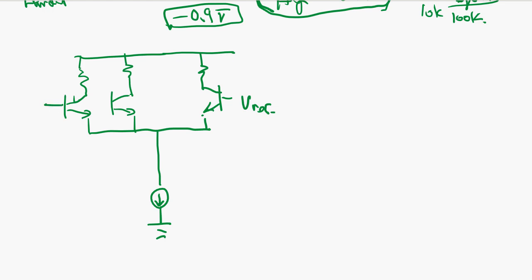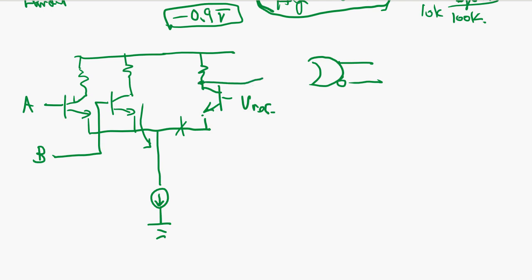Now you have A and B. If either one of them is high, current flows this side, and this side is shut off. So this is a logic OR. Either one is high, A or B, then the output becomes high.